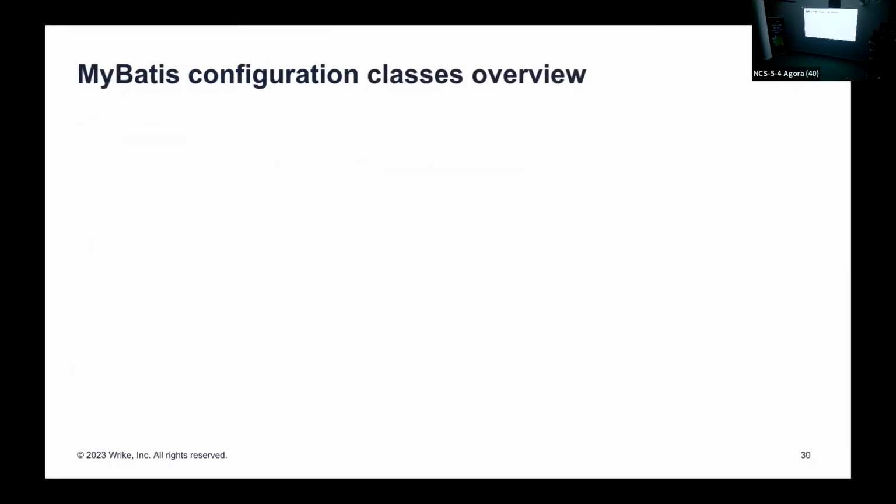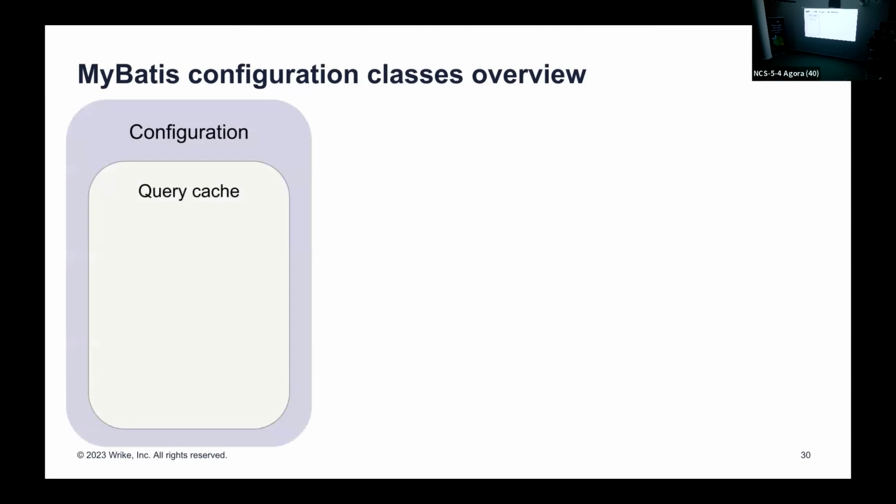And before we do some coding, let's think about what will actually happen, how it will work. For this, we will consider this huge configuration class inside MyBatis, which basically contains a lot of different configurations, including the query cache, which we are interested in right now.